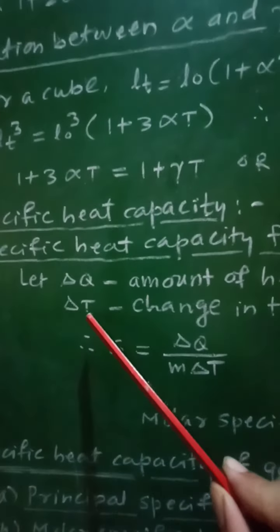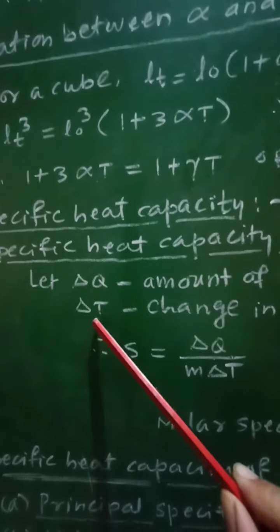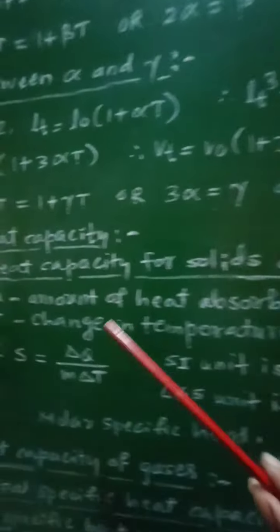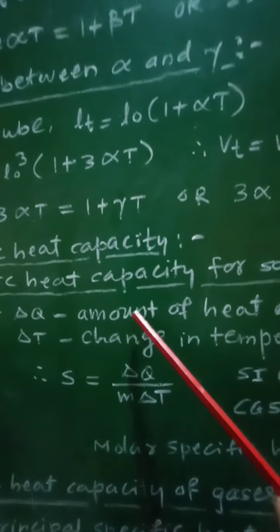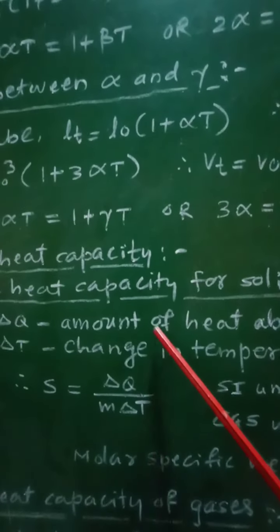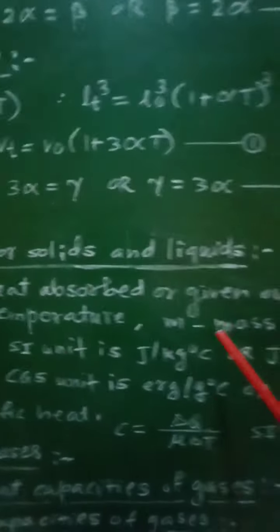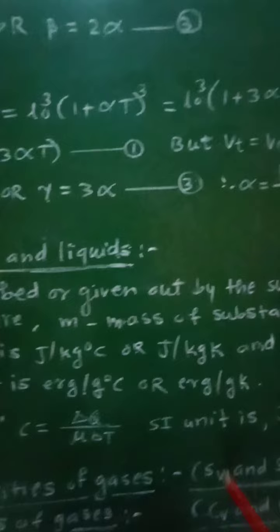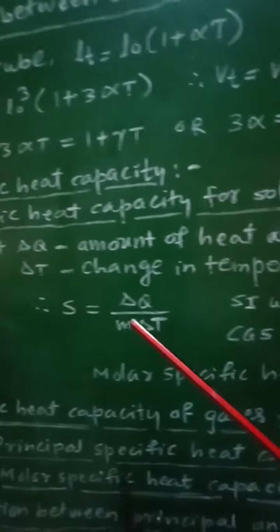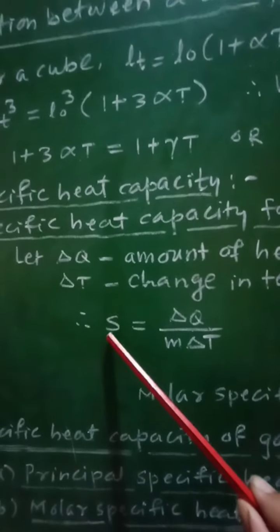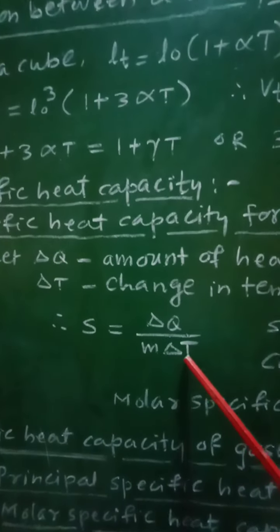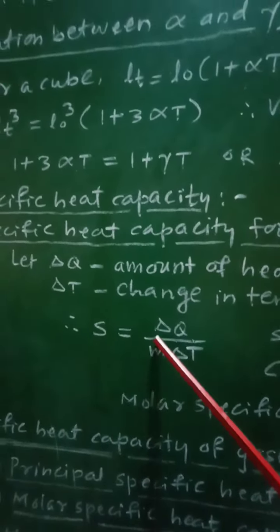During the change in temperature delta T, delta Q amount of heat energy is absorbed or given out by that substance, whose mass is taken as m. From this we can write the specific heat capacity S equal to delta Q upon m into delta T.